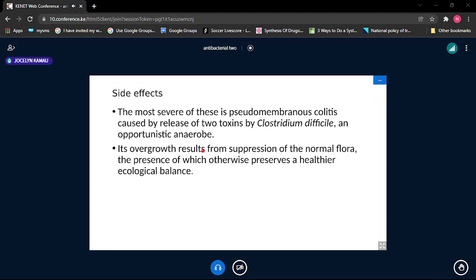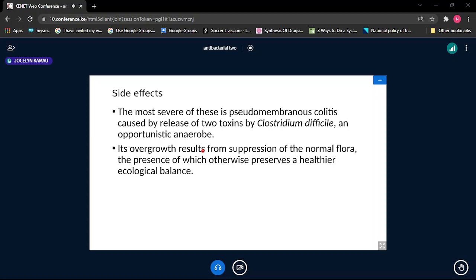So that is one of the problems of mainly clindamycin, the fact that you do have Clostridium difficile, which is a gram-positive microorganism. If it is not sensitive, it is not killed, it will thrive, and in thriving, it will produce those endotoxins, and they are the ones that are responsible for the pseudomembranous colitis.